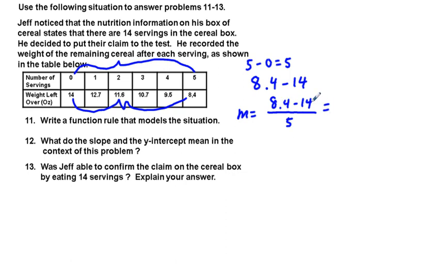Let's see, 8.4 minus 14. If we reverse it, take 14 minus 8.4, make it negative, 14 minus 9, that'd be 5, plus another 0.6. We're going to say negative 5.6. And we're going to divide that by 5.